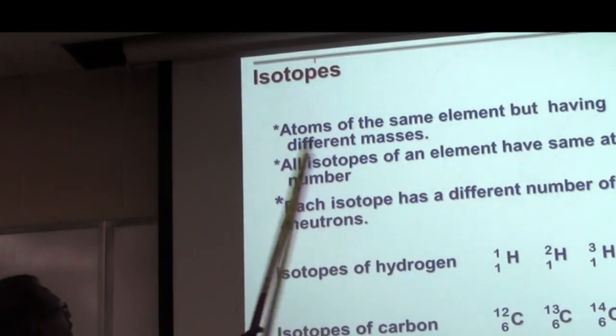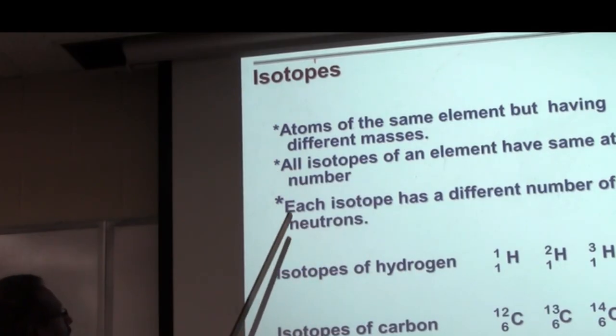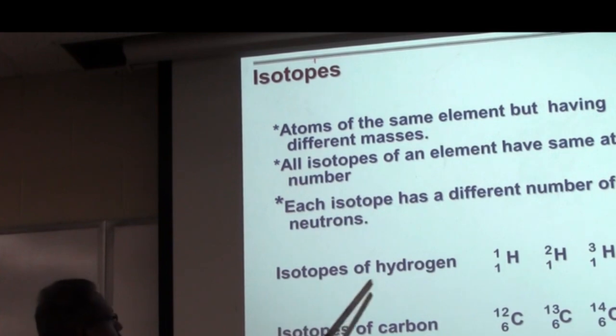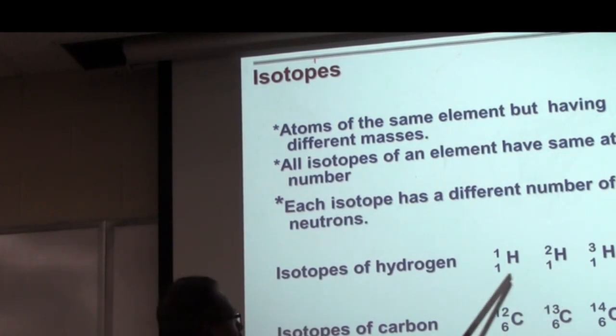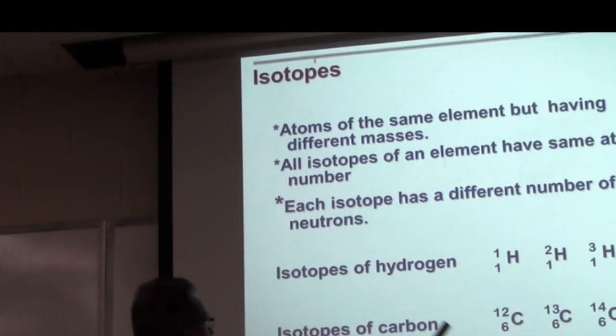Isotopes are defined as atoms of the same element having the same atomic number but different numbers of neutrons in the nucleus. They have the same number of electrons, just like any other atoms of the element, right? Different number of neutrons. Okay, hydrogen has 3 isotopes: hydrogen, deuterium and tritium.